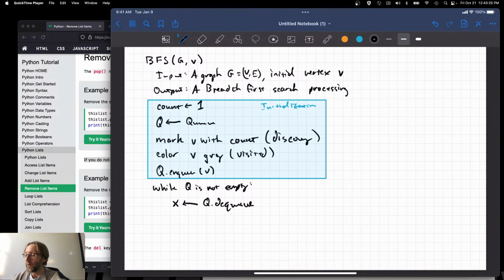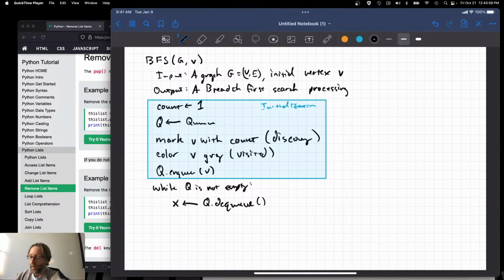Dequeue just means remove something. It's not too common that I've seen enqueue and dequeue as named operations on a data structure. It's usually pull and offer, or in the case of Python, it's going to be append, remove, pop, whatever. So when I say dequeue, I mean whatever is next out of the queue, pull it out of the queue.